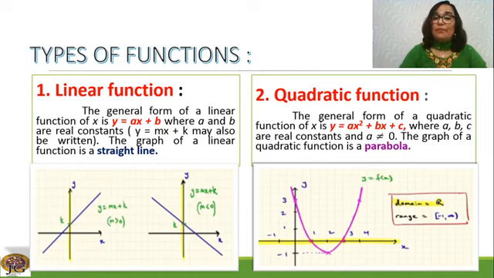And if the maximum power of the function is a square, like you see on the screen, y is equal to ax squared plus bx plus c, and your graph is a parabola, it means it is a quadratic function.